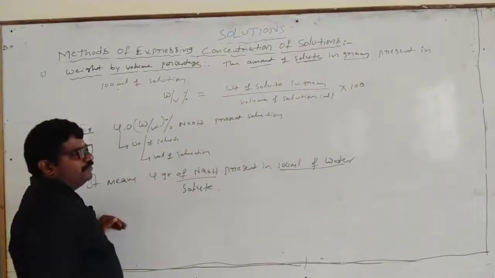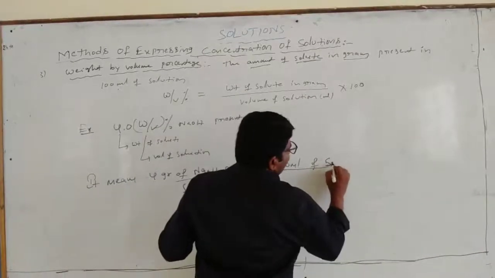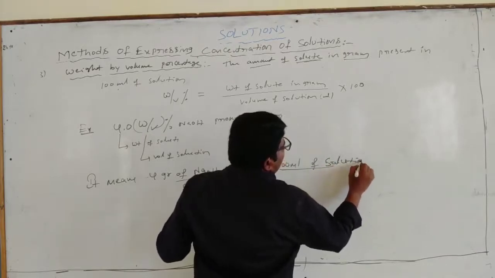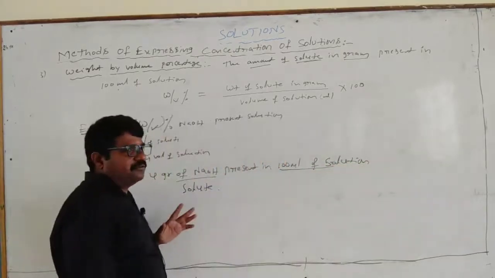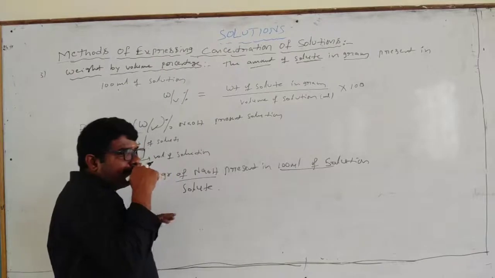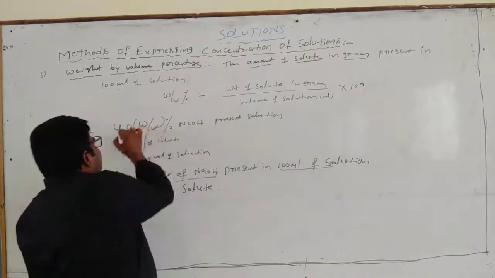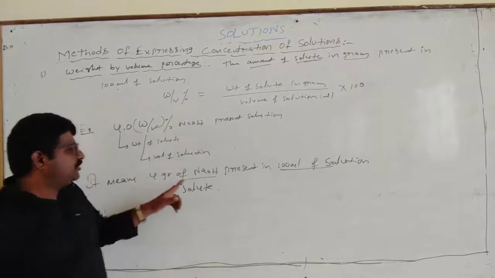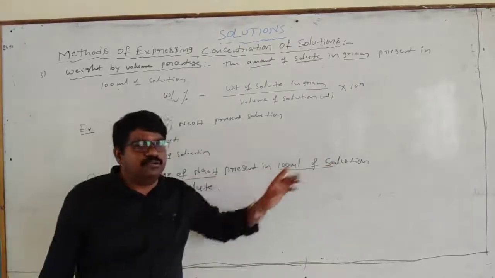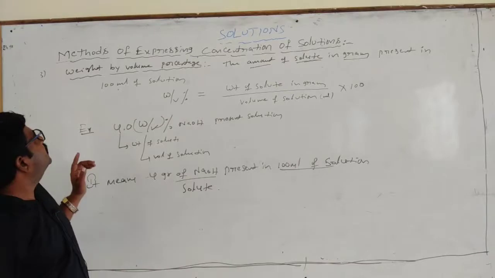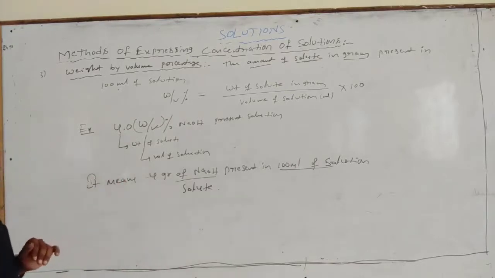Here 100 ml of water means 100 ml of solution, not water, solution. So 4 grams of NaOH are present in 100 ml of solution. This is weight by volume.